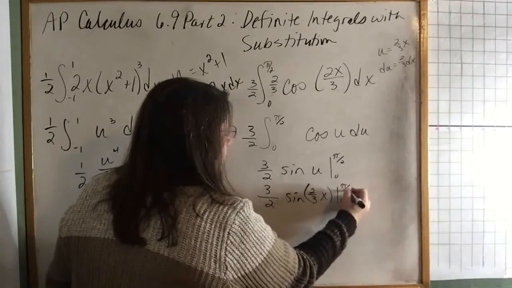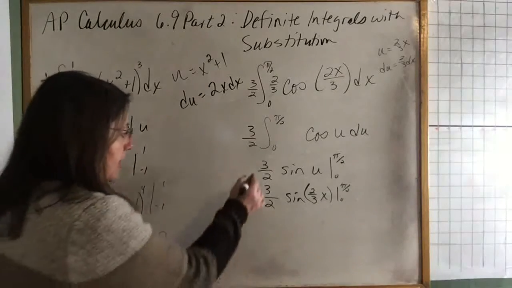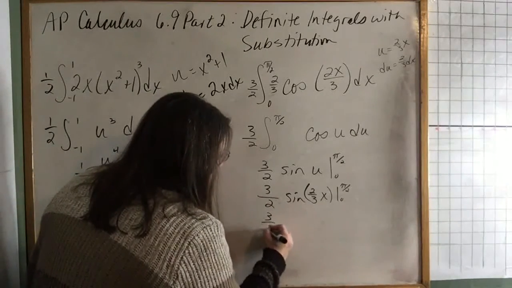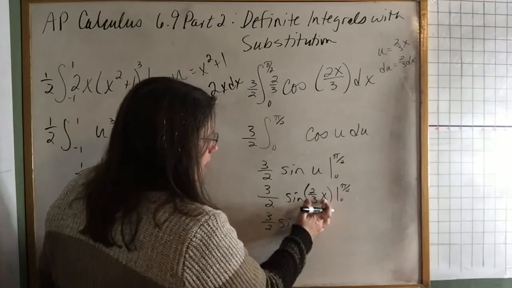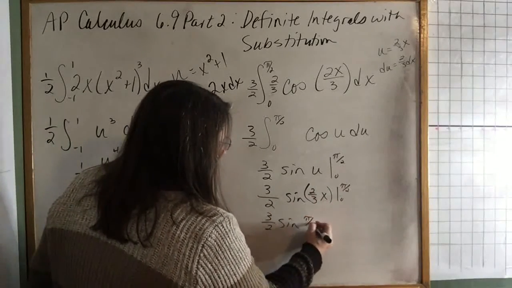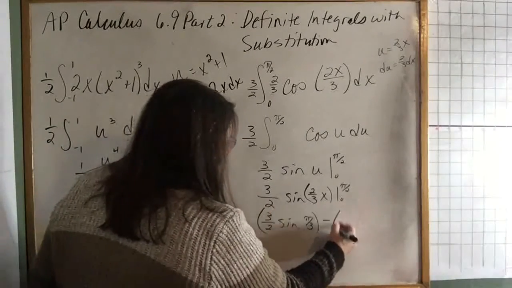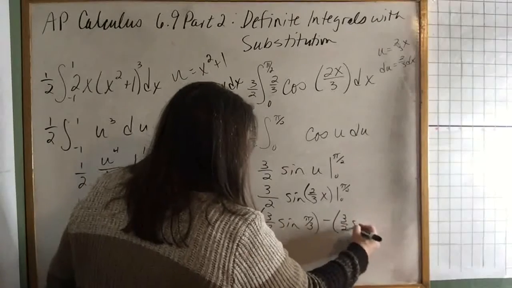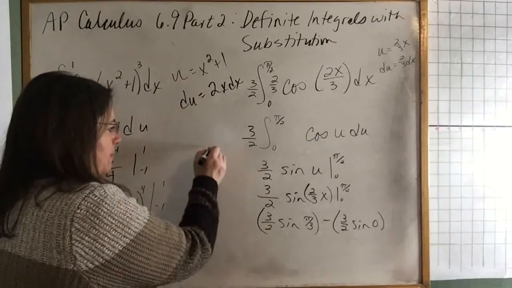And then I'm going to plug in my angle values. So if I plug in, I've got 3/2 sine pi over 2 times 2/3 is pi over 3, minus, when I plug 0 in, I've got 3/2 sine 0, and then I need a unit circle.